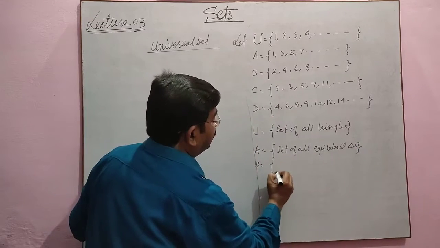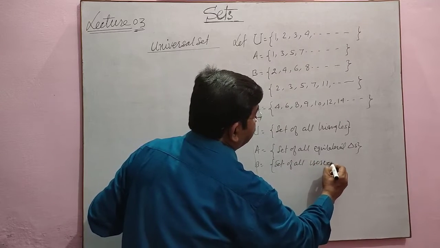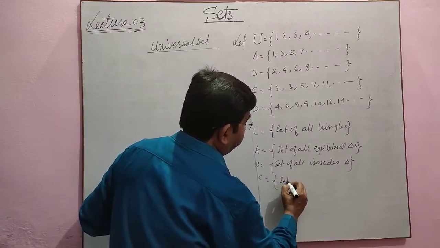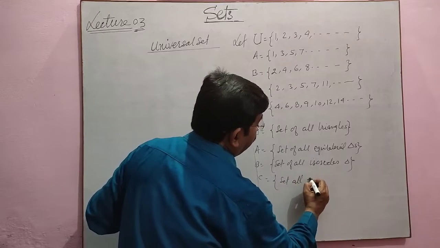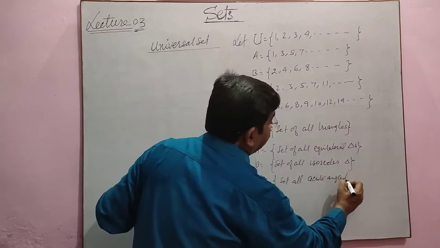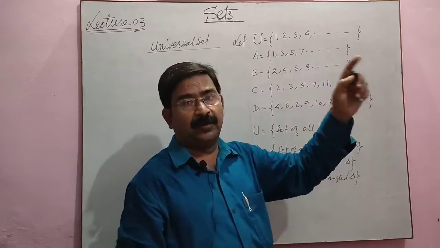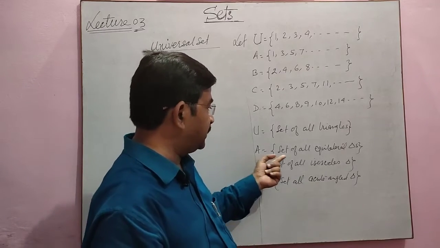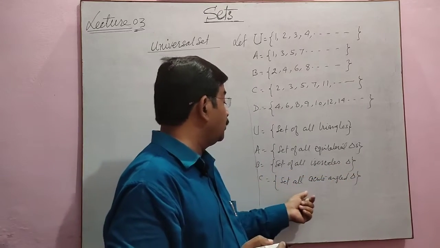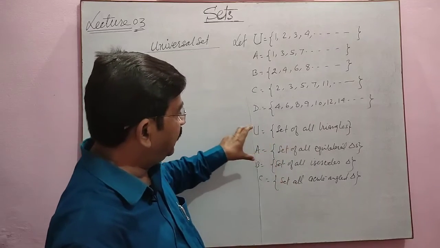Set B is the set of all isosceles triangles. Set C is the set of all acute angled triangles, maybe obtuse angled triangles, maybe right angled triangles. So U is the set of all kinds of triangles, and all these triangles will be contained in this set.